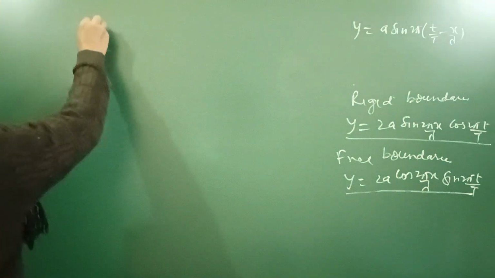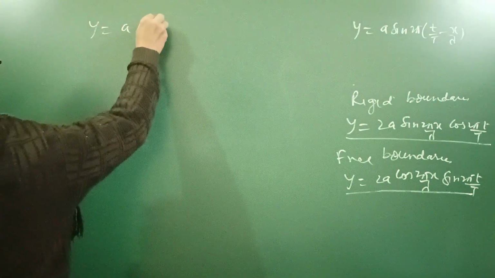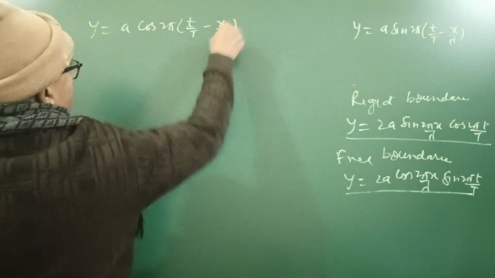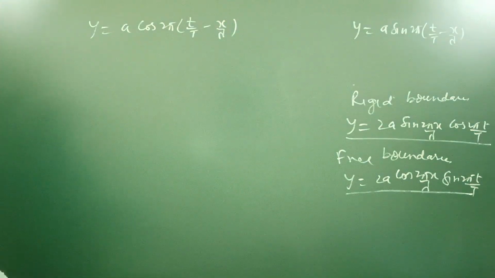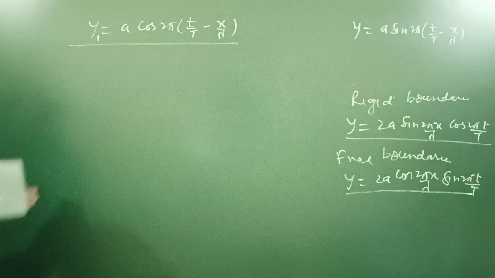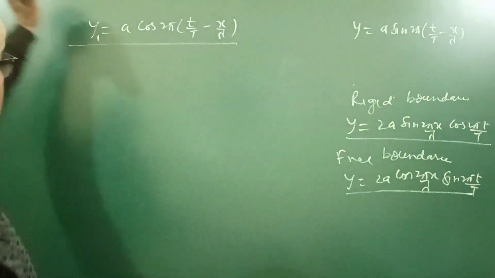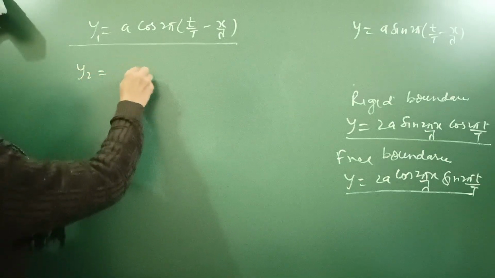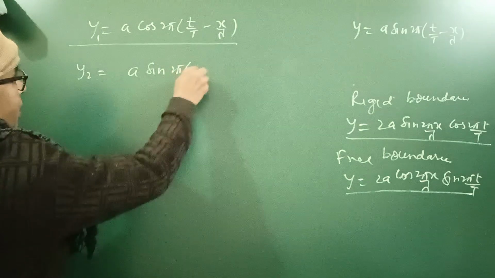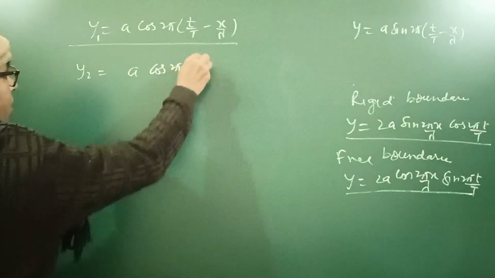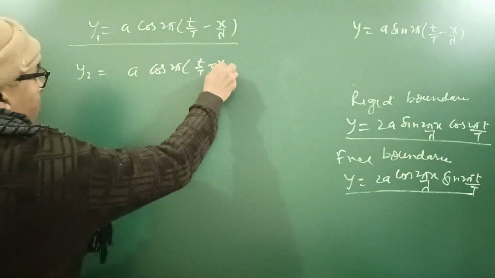If I write y equal to a cos 2 pi (t upon T minus x upon lambda), this may also represent a progressive wave traveling in positive x direction, and we get a boundary. So after reflection, the equation of wave y2 equal to a cos 2 pi (t upon T plus x upon lambda) plus pi.